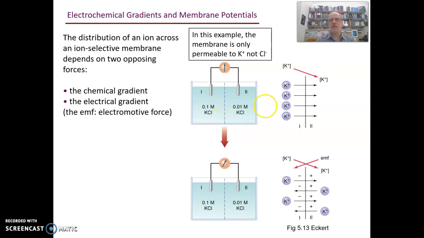But as soon as the potassium chloride salt dissolves on either side, and there's a 10 times higher concentration on the left-hand side than the right-hand side, then potassium will start to move from the left to the right down its concentration gradient as shown here.